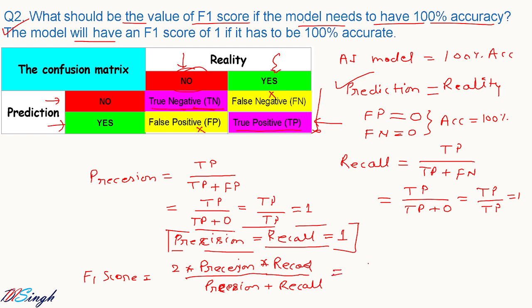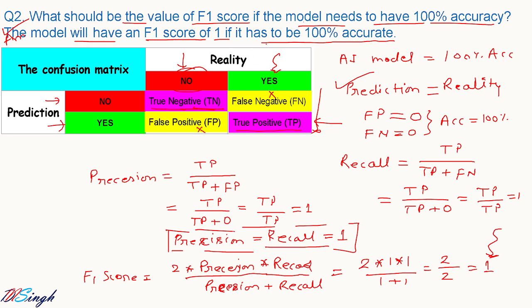So here you substitute the values of precision and recall. 2 into 1 into 1 upon 1 plus 1 again becomes 2 by 2, and that is equal to 1. The final value for F1 score will be 1 if you have 100% accuracy. What it says in the answer: the model will have an F1 score of 1 if it has 100% accuracy. So this is the answer for question number 2.